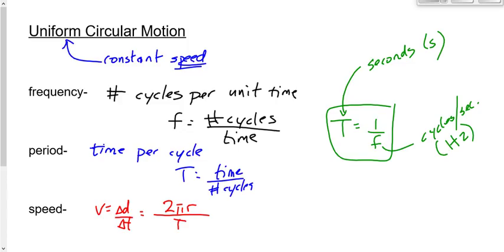Now, this one does appear in your data sheet again. v is equal to 2 pi r over T, as does v is equal to d over t. You should recognize that 2 pi r over T is a valid equation only for an object moving in uniform circular motion. Units, of course, for speed would be meters per second, right? r is in meters, T is in seconds, speed is meters per second.